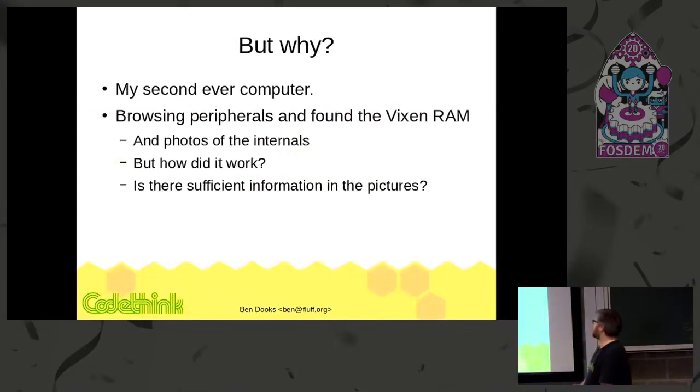So, why does this talk exist? Well, as I said earlier, this was my second ever computer, and I was browsing around this board, and I came across this upgrade, and I was thinking, do I have enough information from this to work out how it worked?